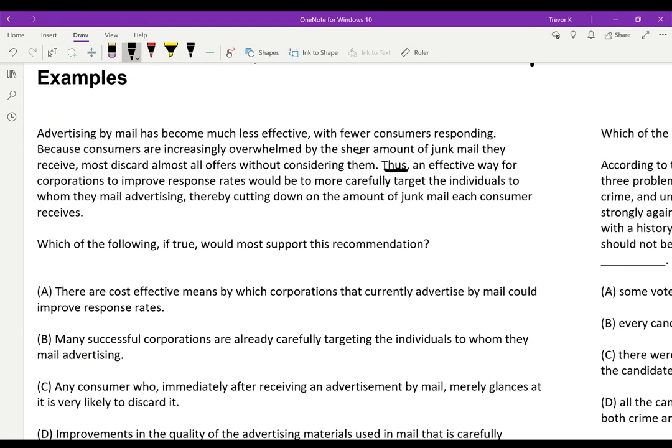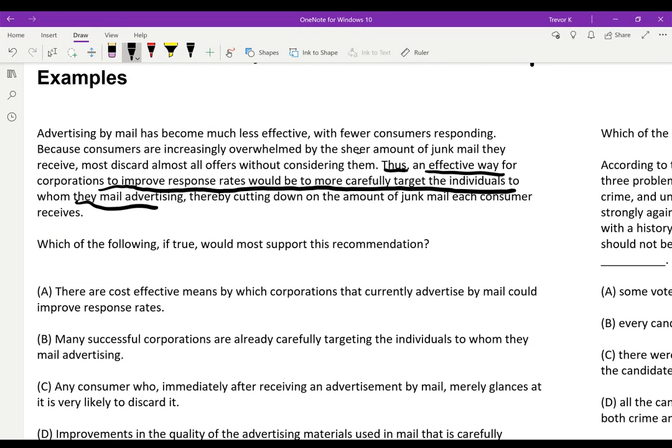So my conclusion is an effective way for corporations to improve response rates would be to more carefully target the individuals to whom they mail advertising. All right, so that's my conclusion there. Cool.